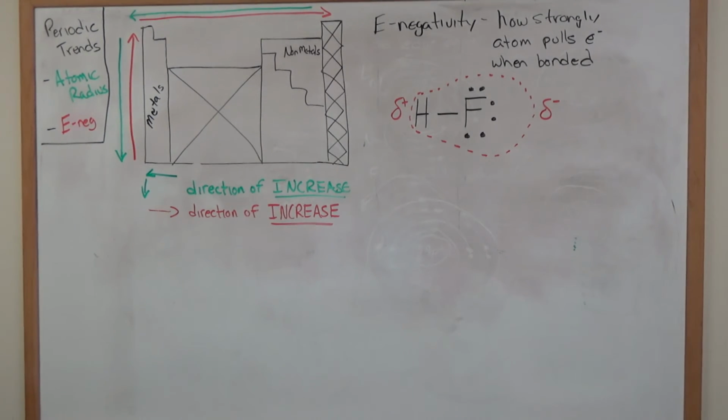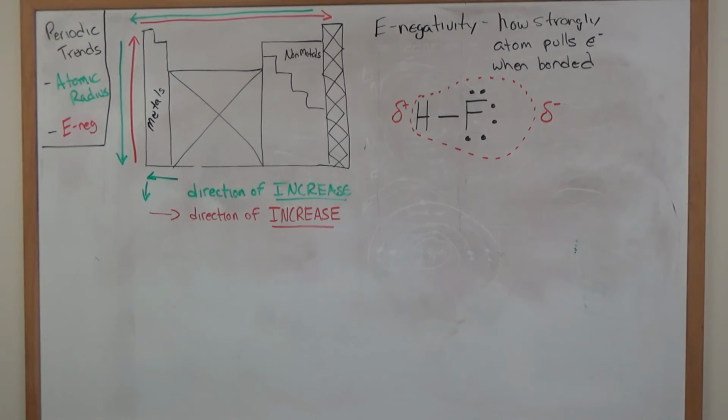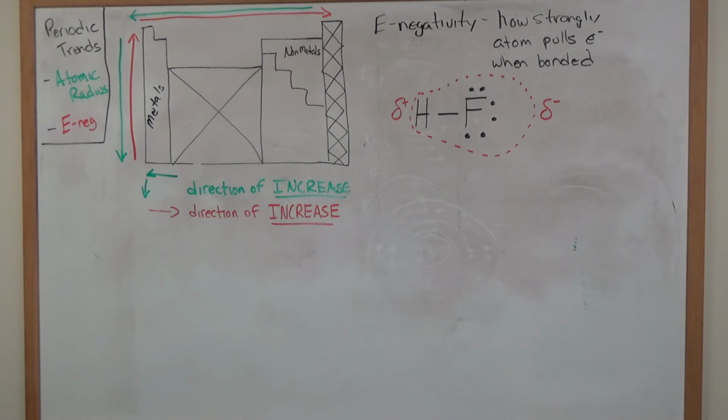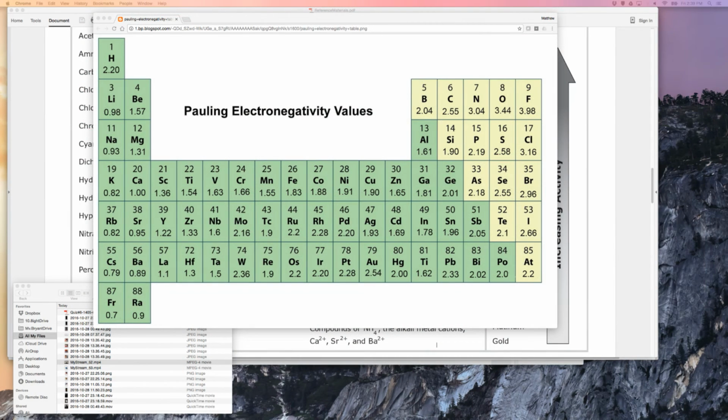Also, really quickly, I wanted to show an image of the Pauling scale. The Pauling scale is not something that we necessarily use in our class, but I wanted to give you a generic look at how and why it matters. If we look at these, and again, these are relative values, they don't necessarily have a unit.